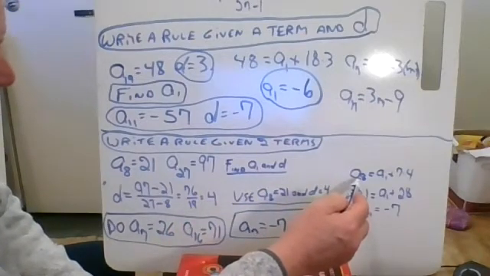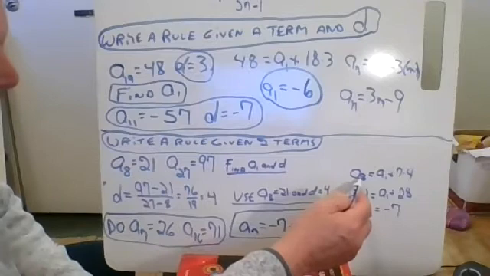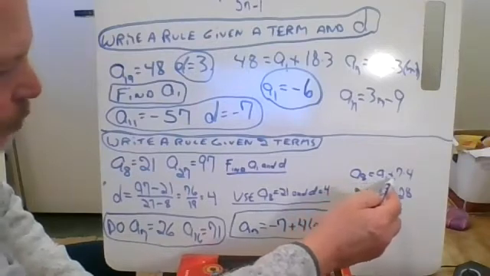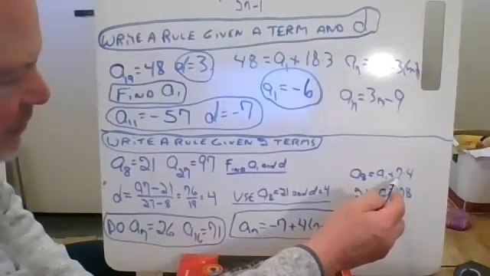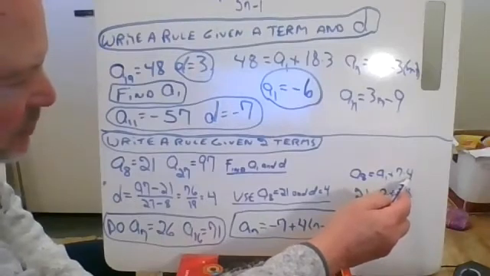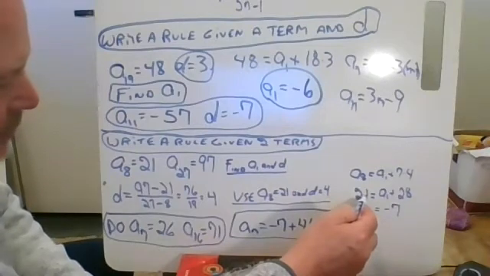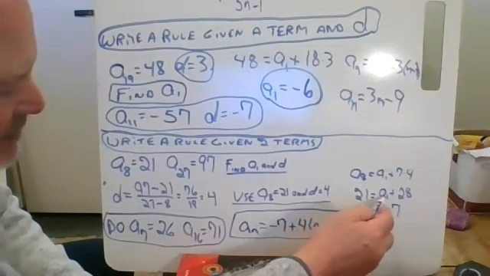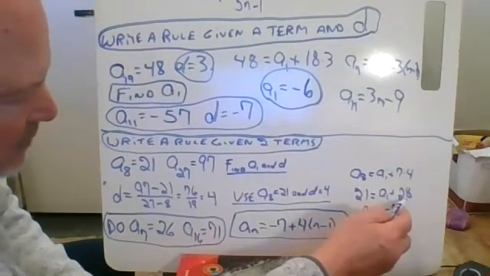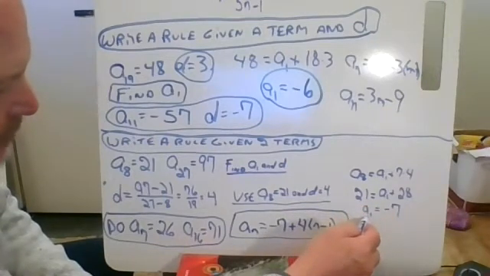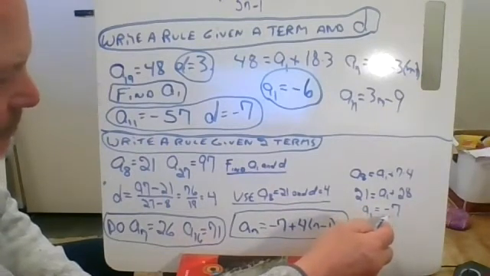So a sub 8 is a sub 1 plus n minus 1, which is 7, times d, which is 4. And a sub 8 is 21. So 21 is a sub 1 plus 28. So a sub 1 must be negative 7.